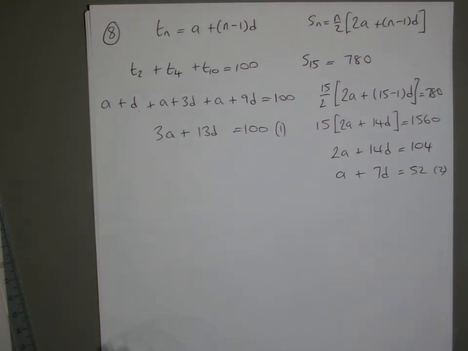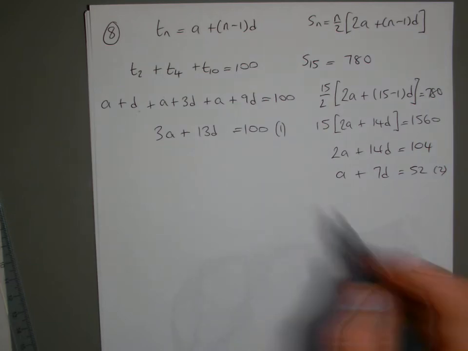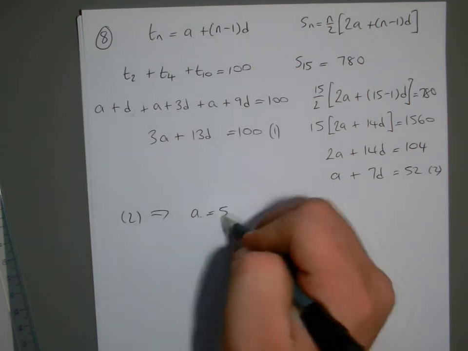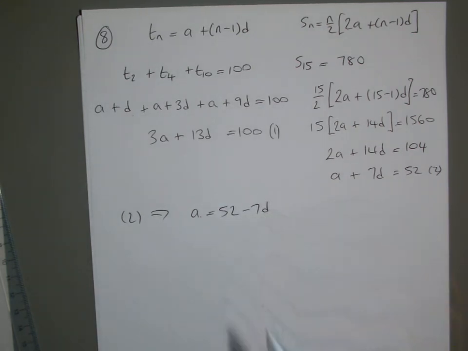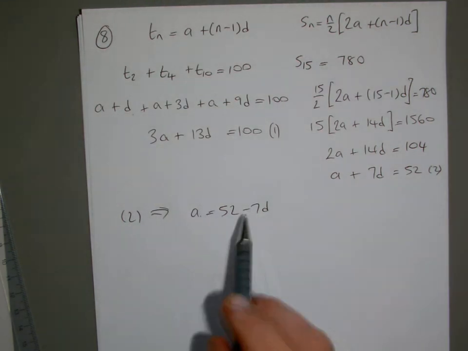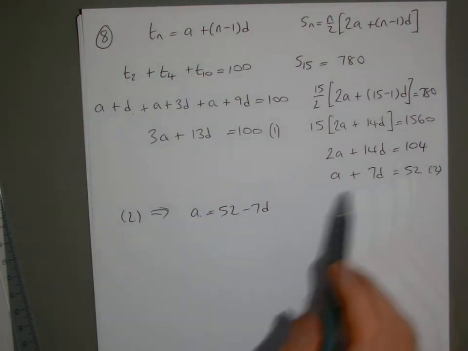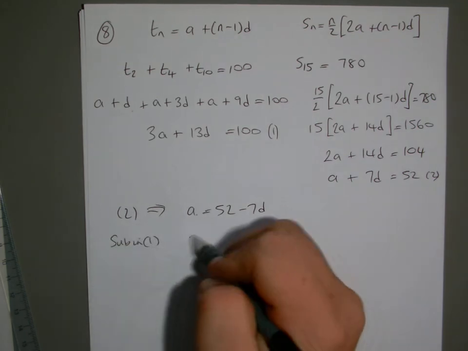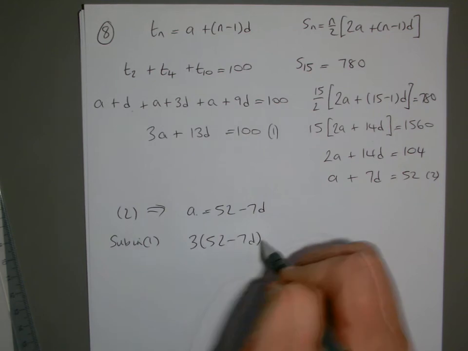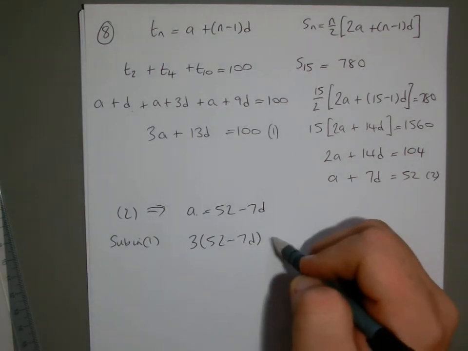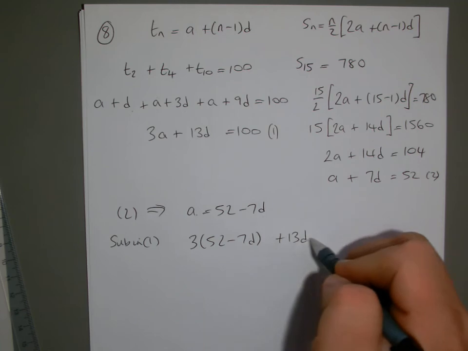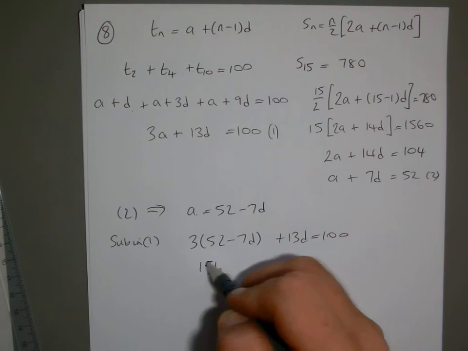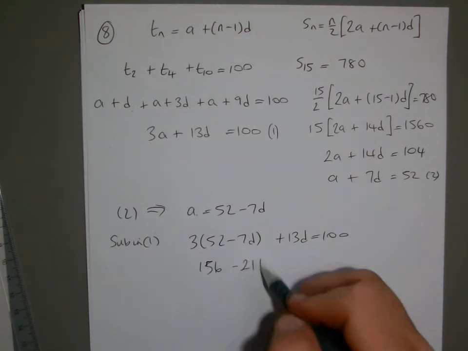So we just got to solve them then simultaneously. So what I'd maybe do here is with 2, rewrite 2 so that A is equal to 52 take away 7D. So just taking that over the other side, sub it in then to 1. So 3 times A, 52 minus 7D plus 13D is 100. So 3 times 52 is 156. 3 times 7 is 21.